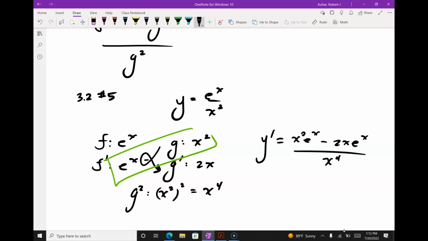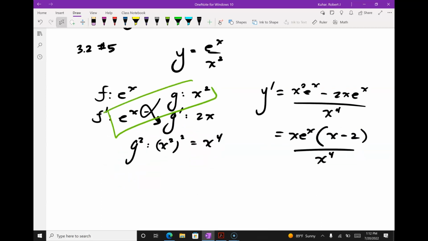At this point, we're assuming you can do all of these shortcuts as well, right? So notice I can factor out an x e to the x. And then one of my x's will cancel.